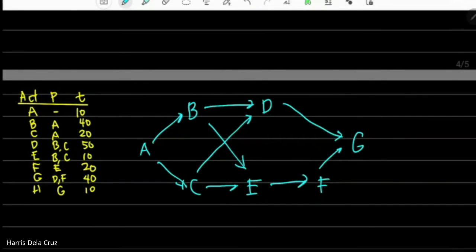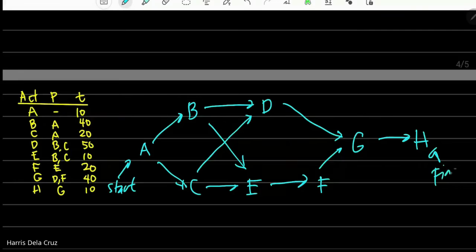And then once you finish G, you can start H, and then you're done. So this is the starting job, and this is the finish job. So once you've done A to H, then the job is done. All right.